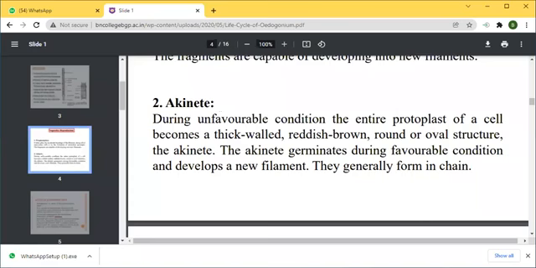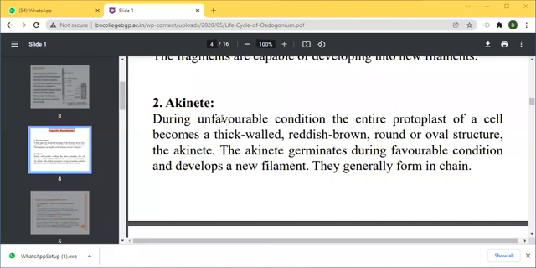What is an akinete? Here, when unfavorable condition is there, one second, girls. What is the unfavorable condition? When there is drought, in summer, in the ponds and lakes, and water is very scarce.